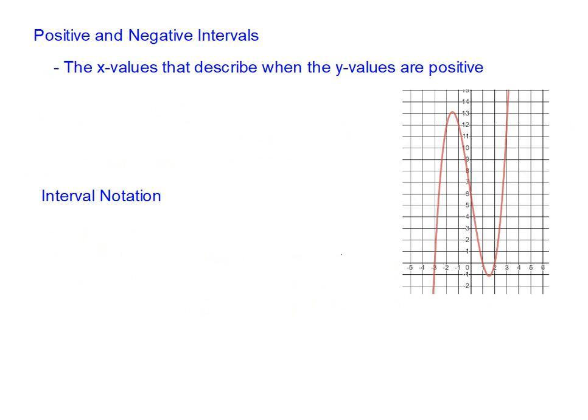So let's start by looking at where the y values are positive. I'm just going to circle those in green for now. The y values are positive right here. They're all above the x-axis here, all the way over to here. All of these y values are positive, but the y values are also positive over here.